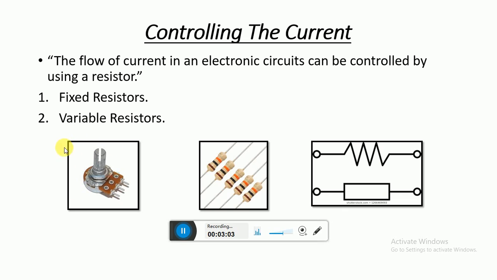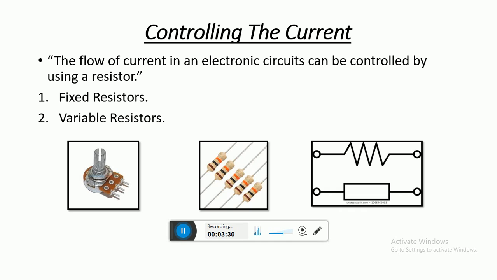And on the most left side we have a variable resistor. This variable resistor controls the flow of current by varying resistance. By increasing the resistance, the current in a circuit will decrease, and by decreasing the resistance, the current in a circuit will increase.